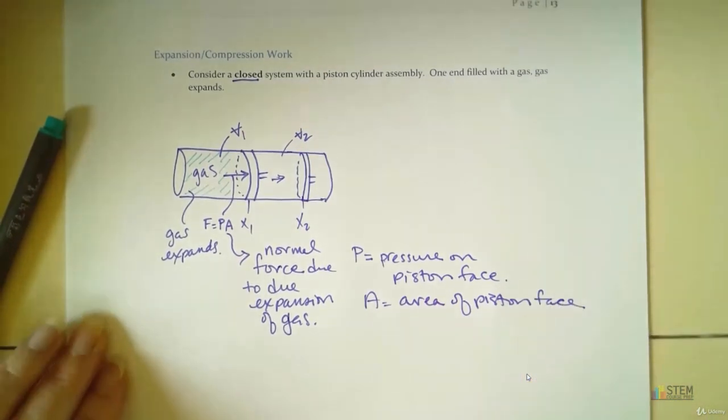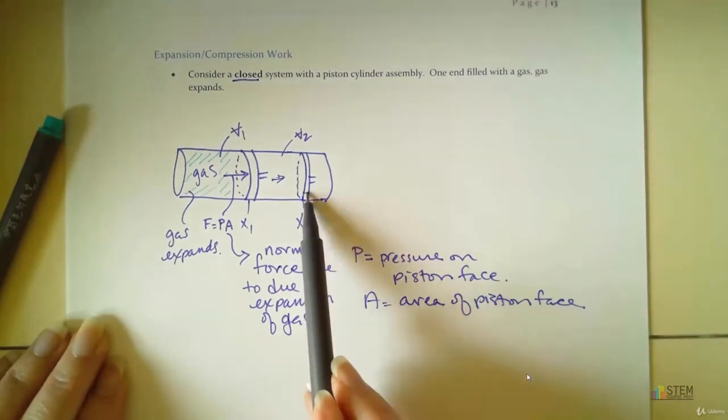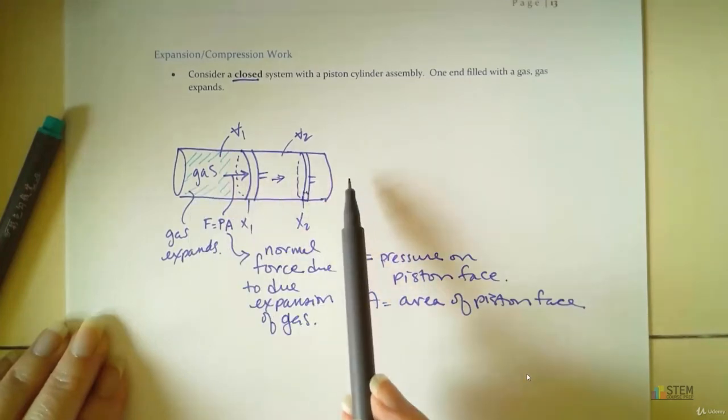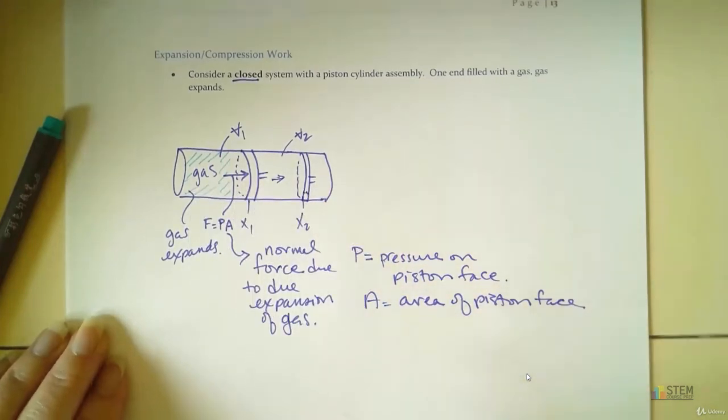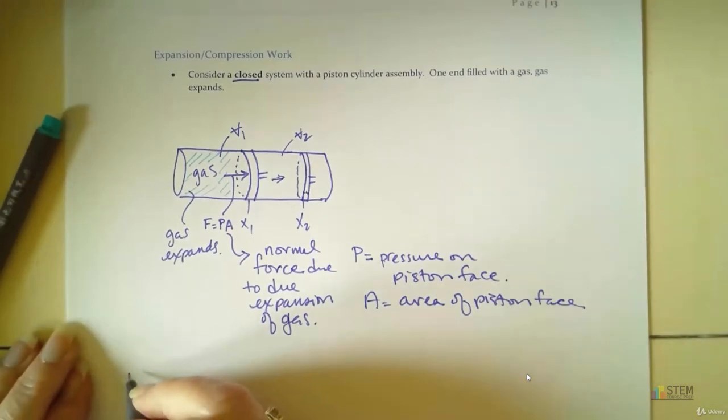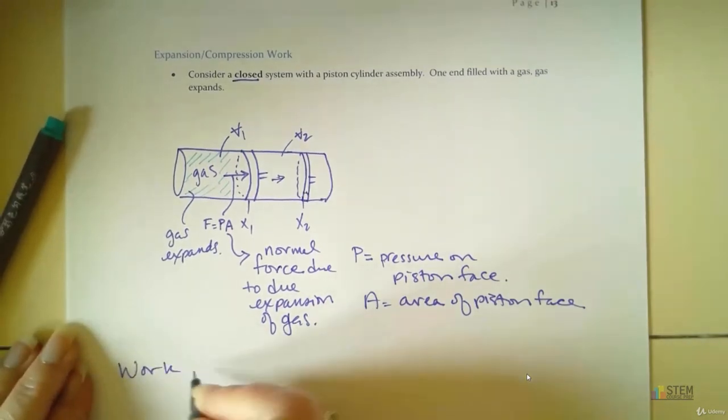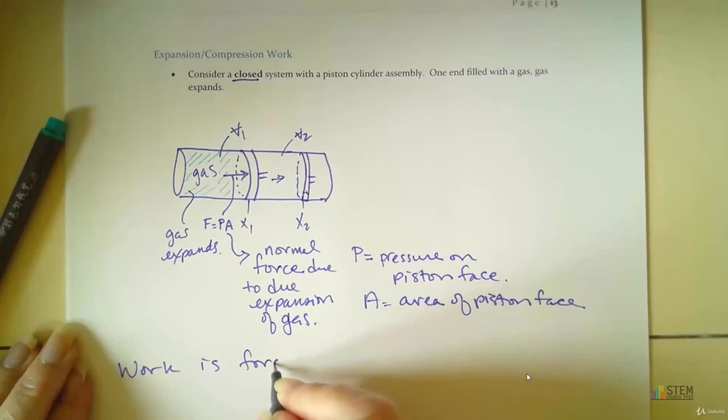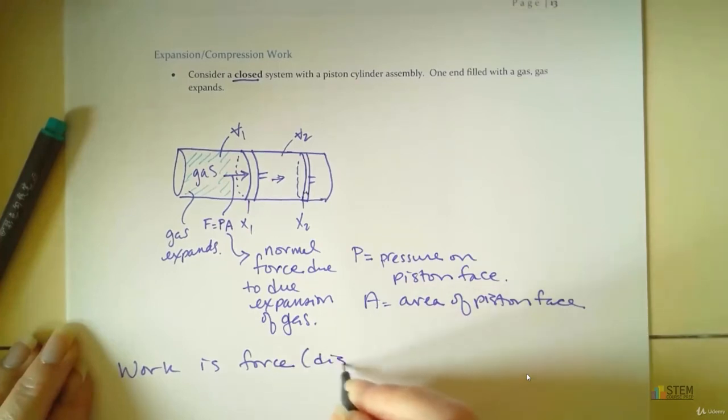Okay, so now we've got that. Since we moved this piston, think about this as being a weight. We were able to move that weight, right? We moved it. So we've got work being done. So work is force times distance.